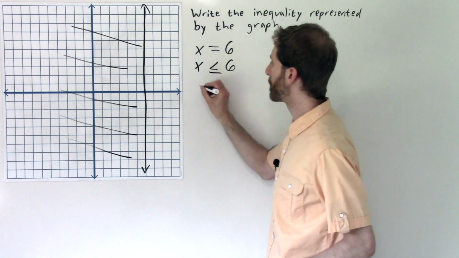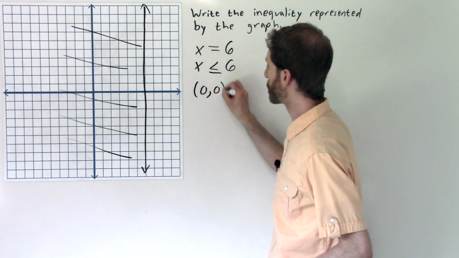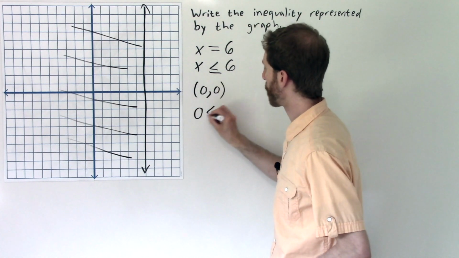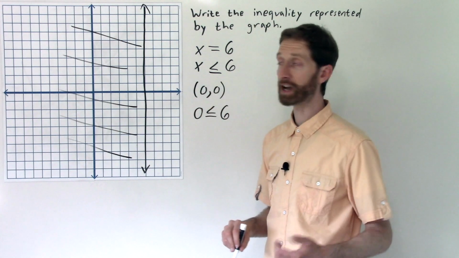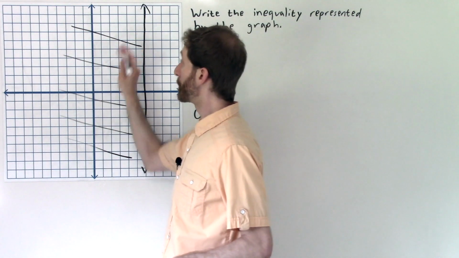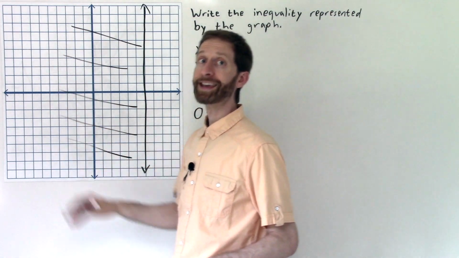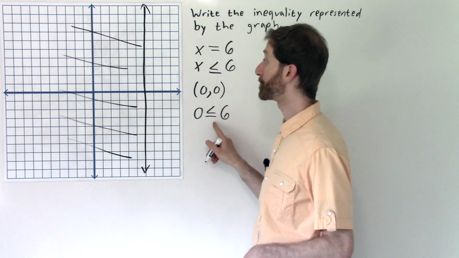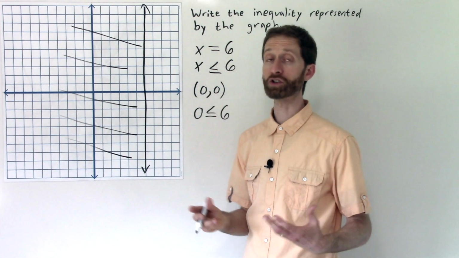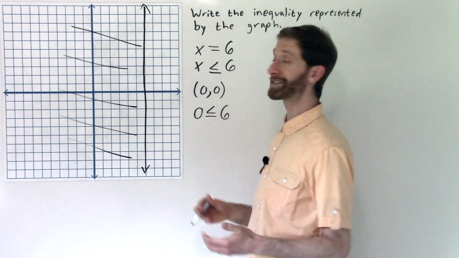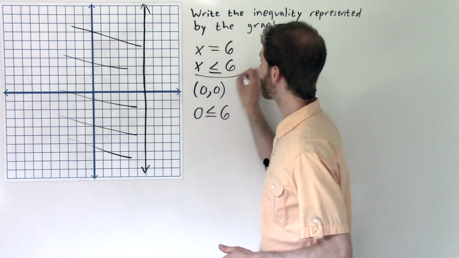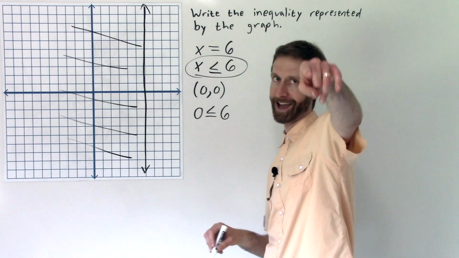We'll use our test point of 0, 0. But we can really only plug in for x, and true to form, 0 is indeed less than or equal to 6. So 0, 0, which is in the shaded region, is correct with our inequality, which means we picked the correct direction for our inequality sign. That's it, peeps. x is less than or equal to 6 is our answer.